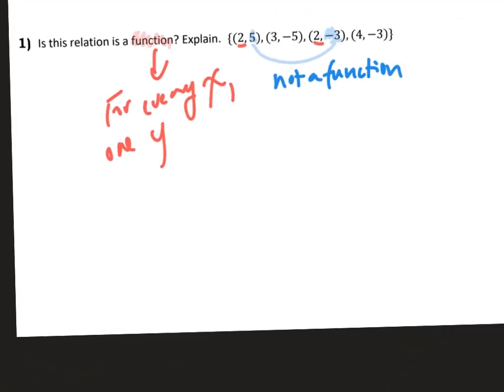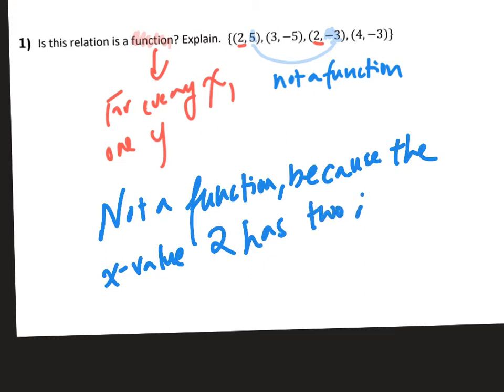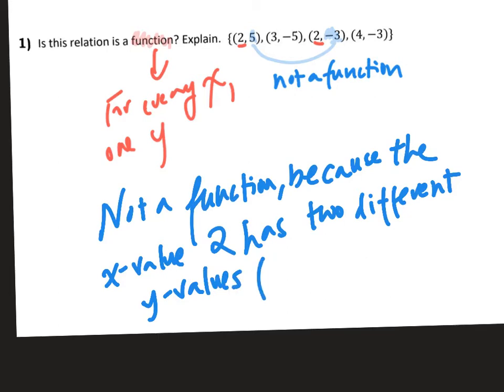So our explanation would be, this is not a function because the x value 2 has two different y values. And I want to specify what those y values are just so that I'm as clear as possible. My first y value connected to an x of 2 is 5, and my other one is -3. Because it's mapping to two different y values, this is not a function, okay?